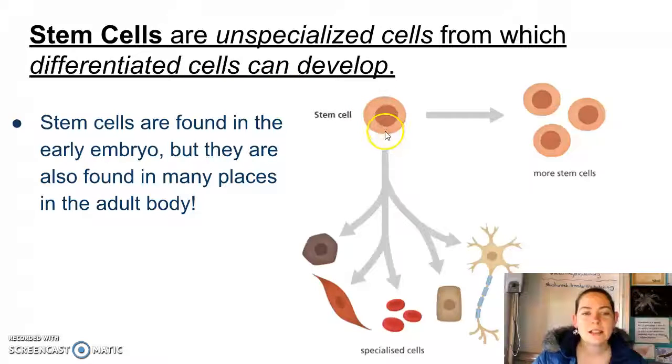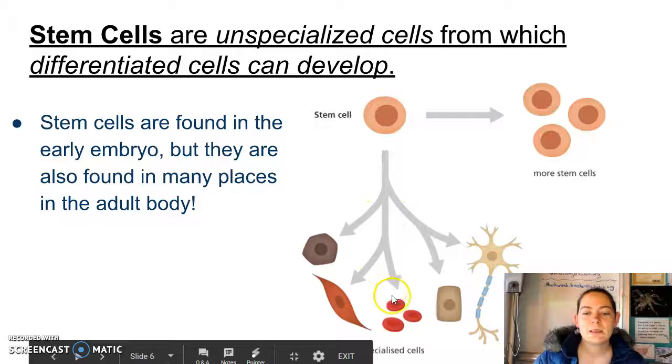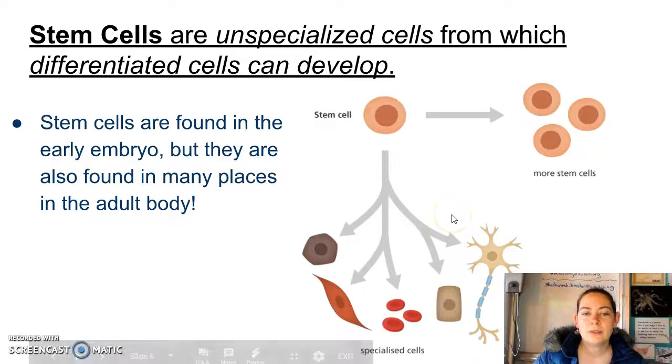So these stem cells are found early in the embryo, right? We were talking about how cells in a little baby that's growing in the mom's belly need to be able to make nerve cells, and they need to be able to make bone cells. So that's these stem cells. They can divide to make more of themselves, make more stem cells, or they can divide and the new cells can differentiate, become specialized cells by turning on or off different genes.